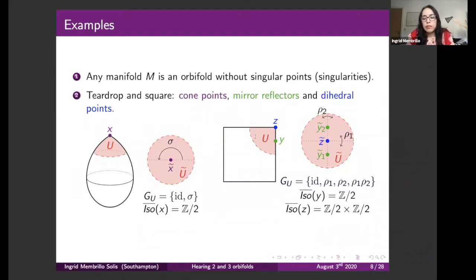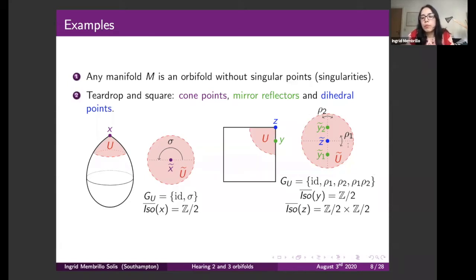Now, if we take an open set U around this part, as I'm showing in this picture, then we need to consider two types of singularities: one is the point Z, and the other type of singularity that we might look at is the point Y. How can we model this set U locally?